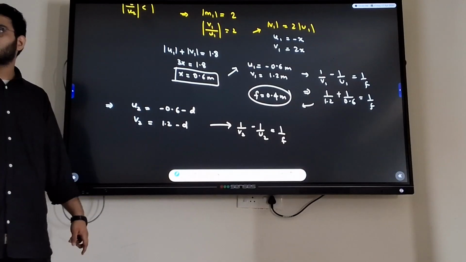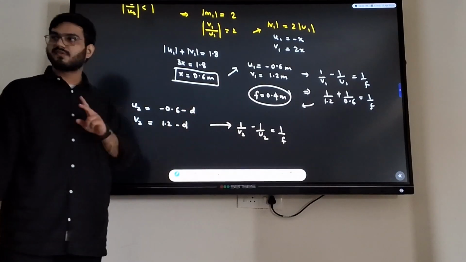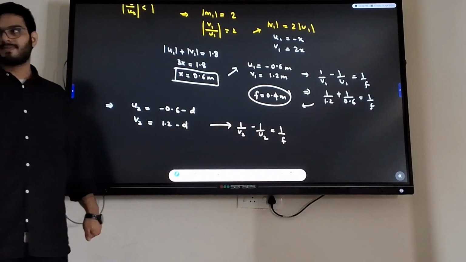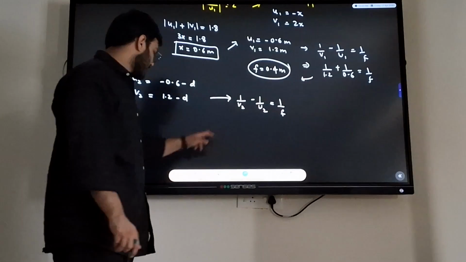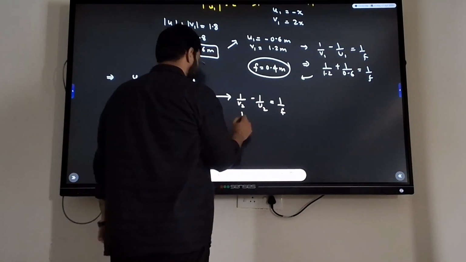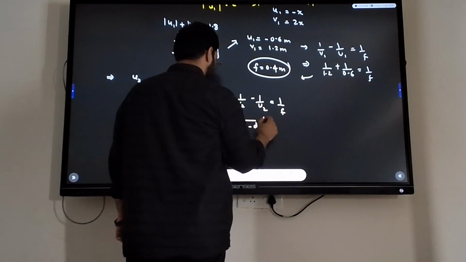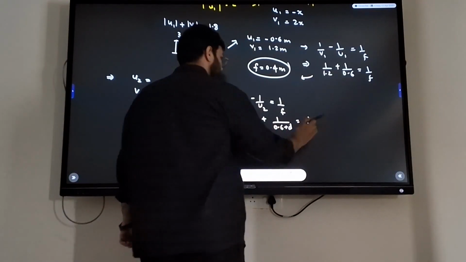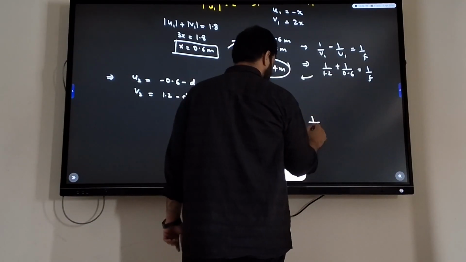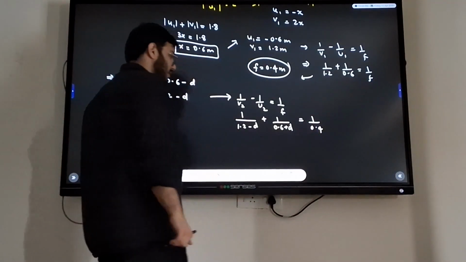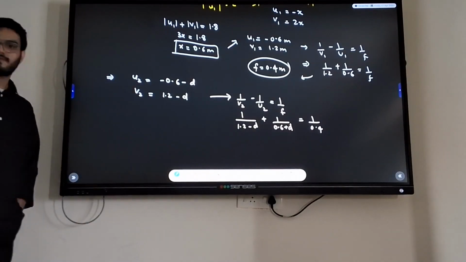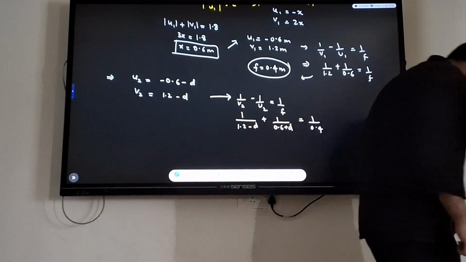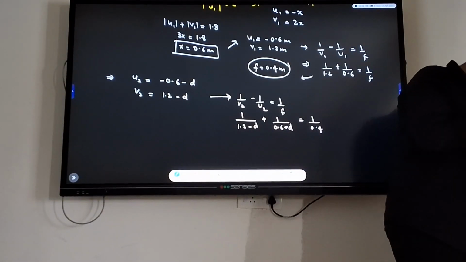No, I think you'll get two roots. 0.6, 1.2. The second root is incorrect. Do it again. You will get 1.2 minus D plus 0.6 plus D over 0.2. Do this calculation, you will get some kind of quadratic equation. Solve it. You are getting 0.6.